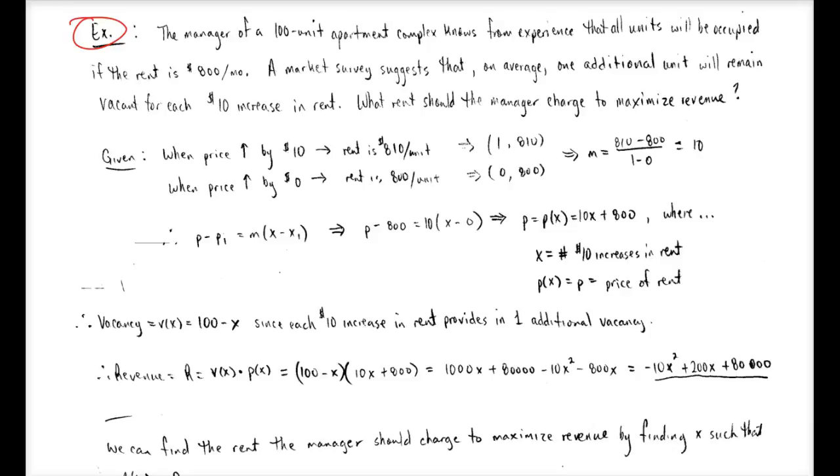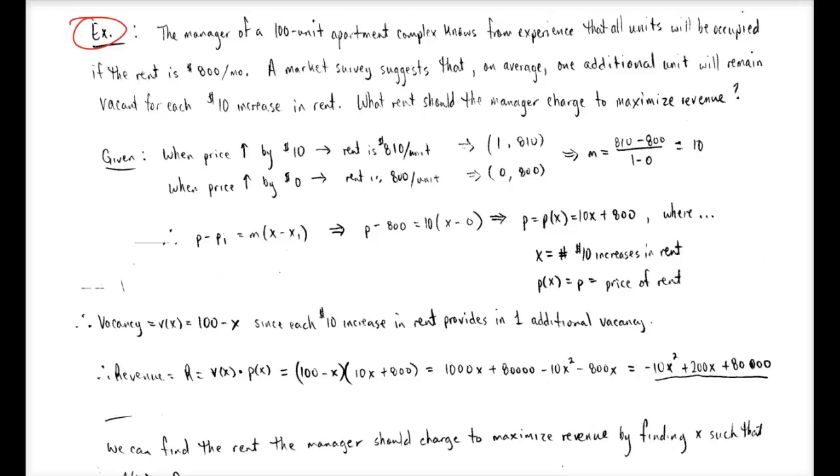So I took the information given to come up with one point, and did the $10 increase to come up with another point, so that I know my rate of increase is 10.